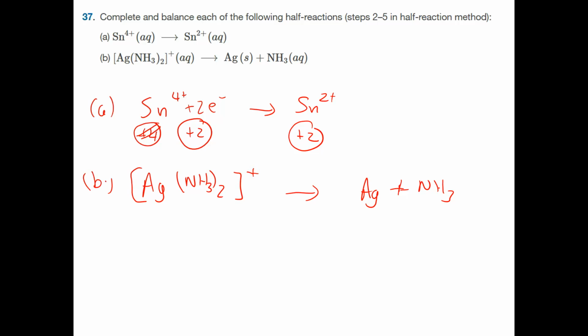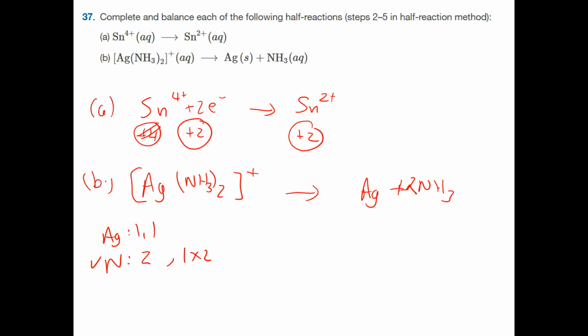Well, we need to balance for atoms that are not oxygen and hydrogen. So silver is balanced. We have 1 on either side. Nitrogen is not balanced. We have 2 on the left, but we have only 1 on the right. So I'm going to need 2 nitrogens over there. And now they are balanced.